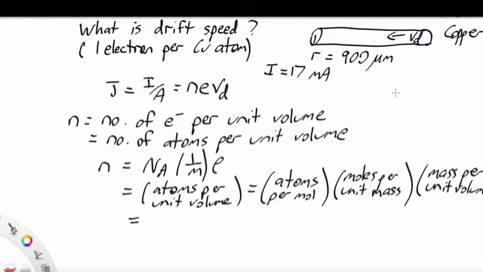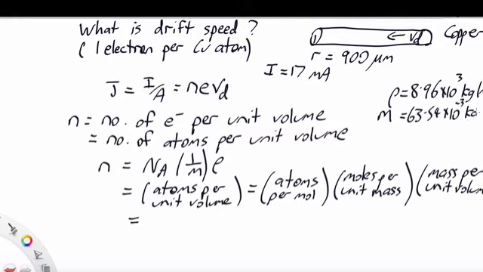Now, I'll put it at the side here, but rho for copper is 8.96 by 10 cubed kilograms per metre cubed. And the molar mass of copper is 63.54 by 10 to the minus 3 kilograms per mole.